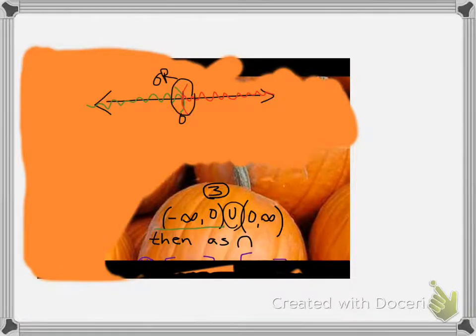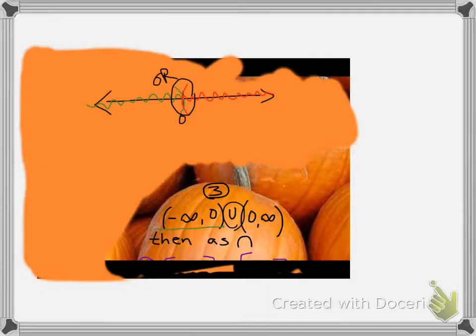The parenthesis is an open interval. It means, remember the open circle? It means you don't count whatever it's on. So it's from negative infinity up to but not including 0, and then from 0, but not including it, on the red all the way to infinity. What does that mean?